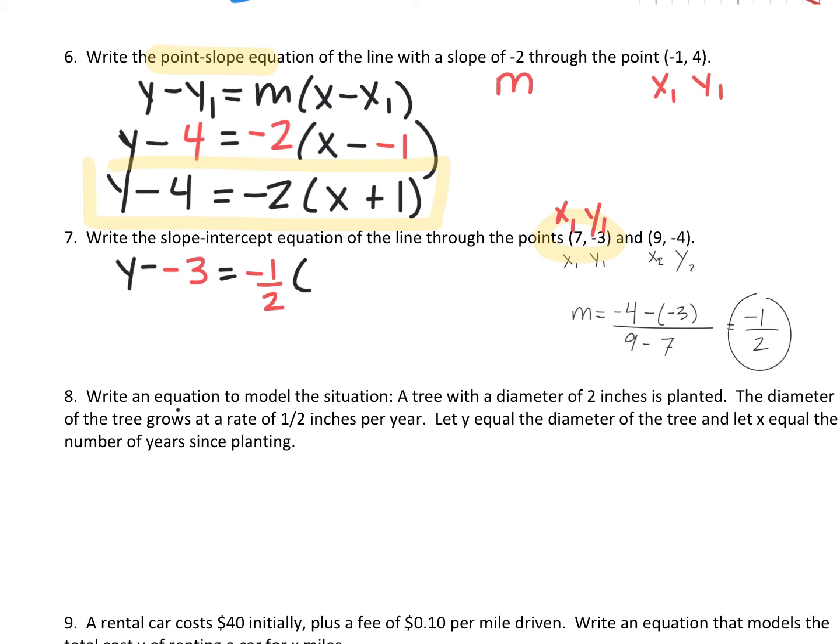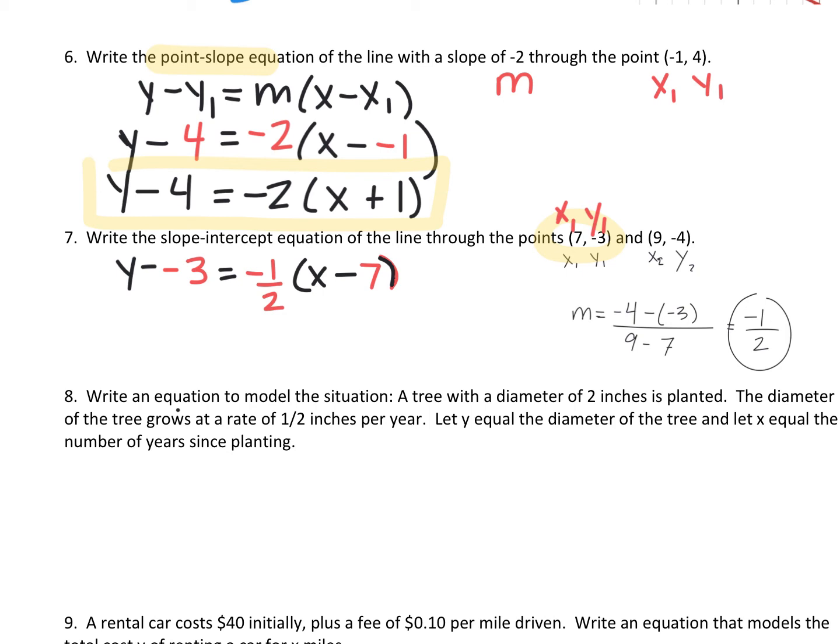And then my x1 is x minus 7. Okay, so that's all the information you were given, but it does ask for slope-intercept equation of a line. So I put it in point slope, and now we're going to convert it to slope-intercept form. So we'll simplify it as we go.